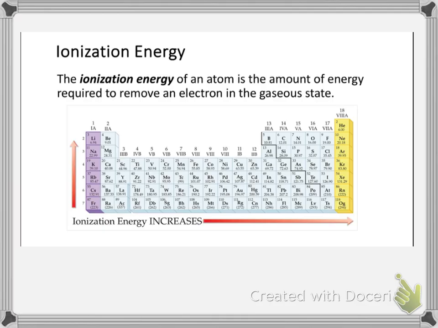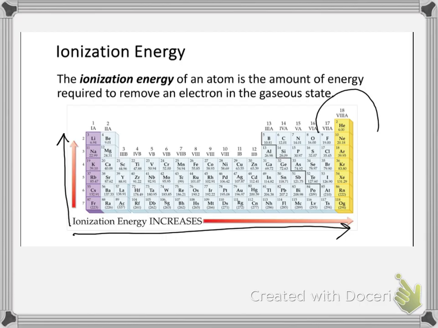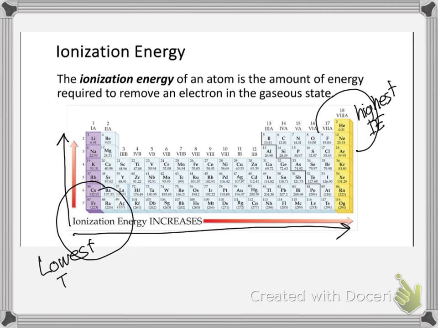So in this case, ionization energy increases as you go from left to right. It gets higher across a period, and it increases as you go up. So on this periodic table over here, this has the highest ionization energy, and this has the lowest ionization energy. I'm just putting IE for ionization energy.